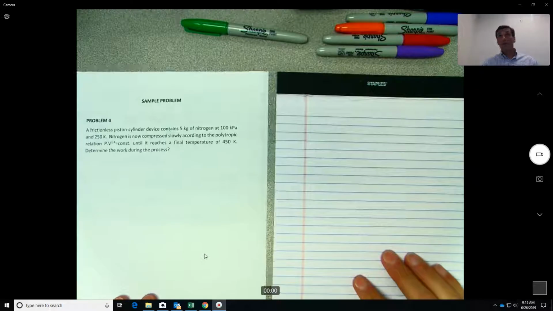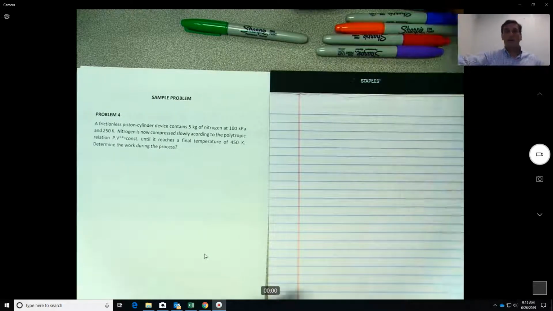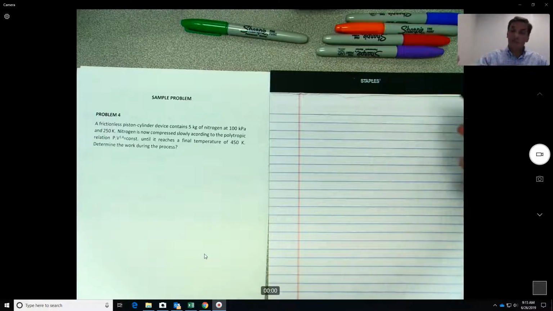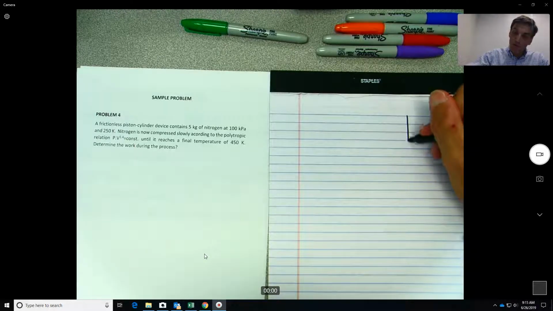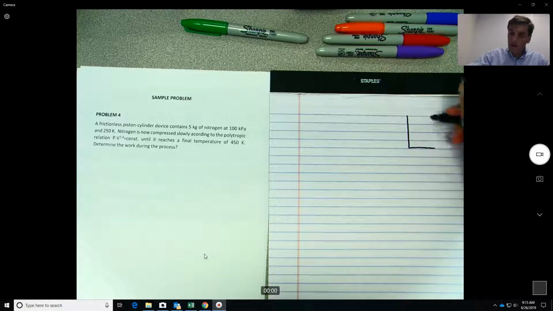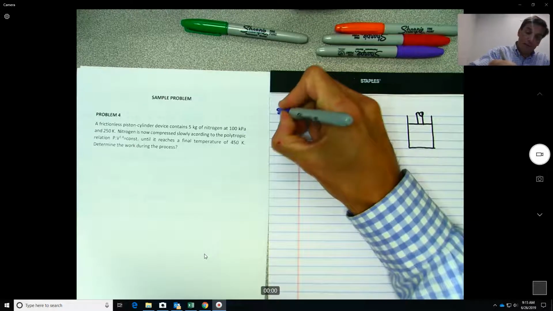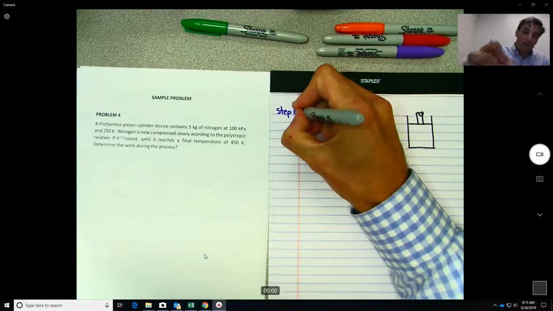So this problem over here, let me read the problem statement. What do they say? A frictionless piston cylinder device. So I would do this. You see, I read one sentence, not even the first 1, 2, 3, 4 words, and I stop. Okay? And I keep, and I write down the information.